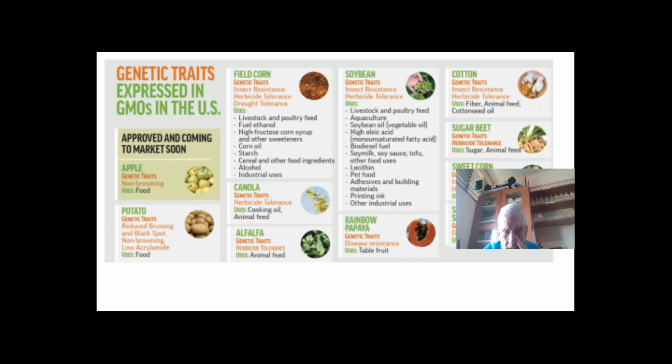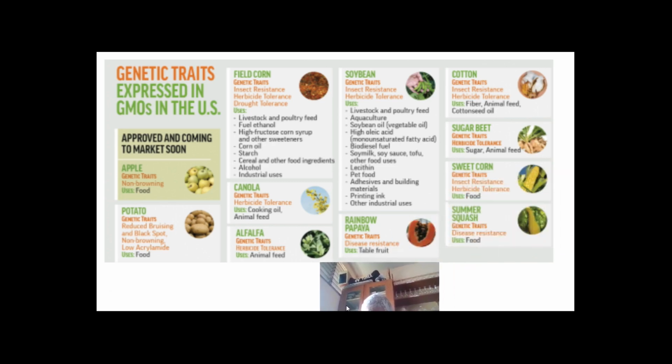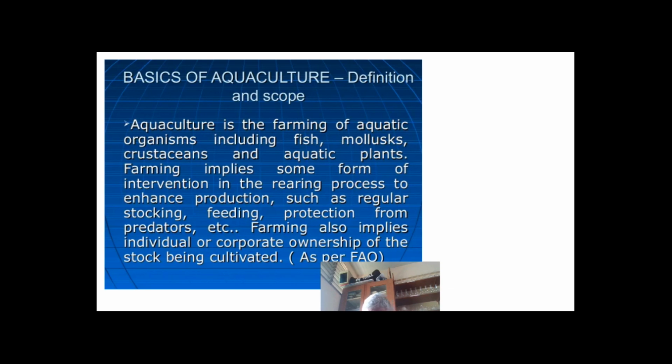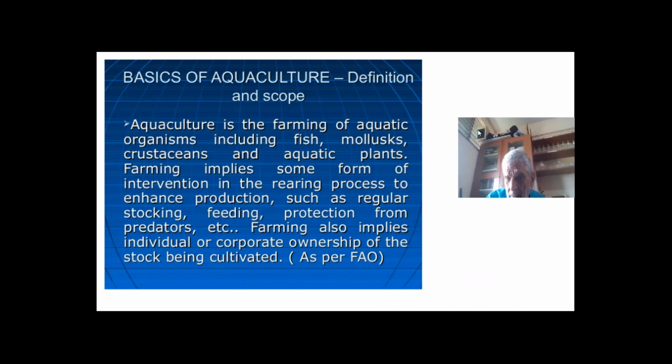So we have a wide range of crops which are being developed for certain traits. And there's a last one here. We have sweet corn, insect resistance, herbicide tolerance, and summer squash. So that basically covers genetic engineering.